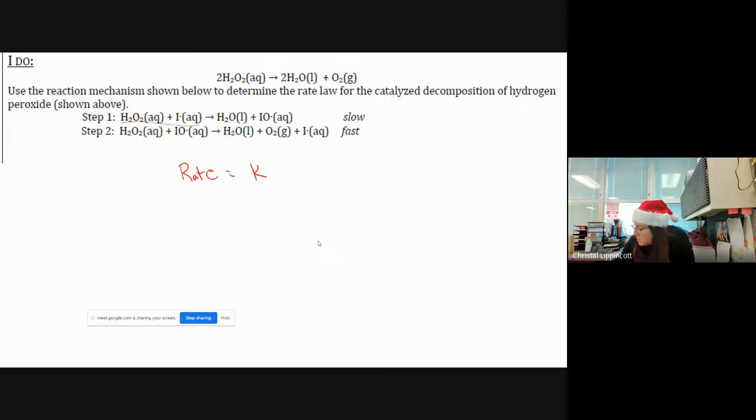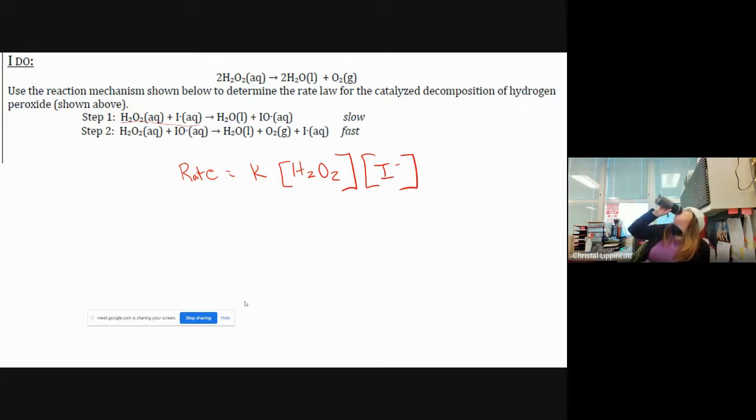Beautiful question. There's a catalyst. It's the I. Yeah. Catalysts are in the rate laws. They just don't appear in the overall reaction. Wonderful. Absolutely. Okay, I did it. Good. I did it. Yay! She's unreal.